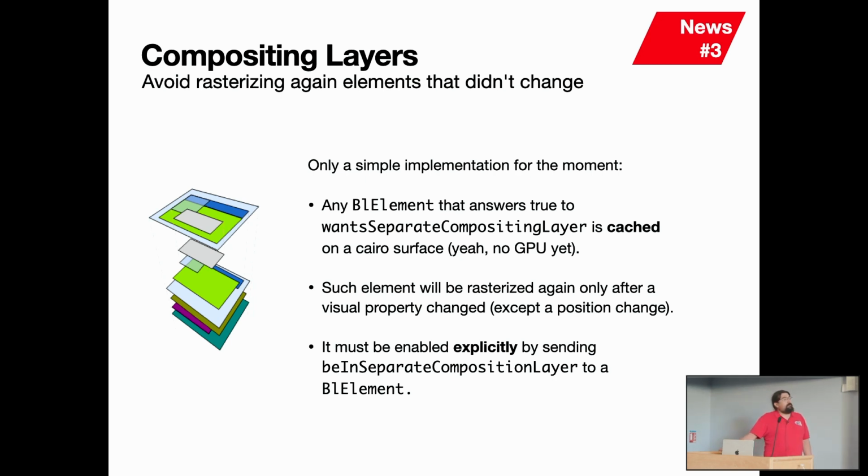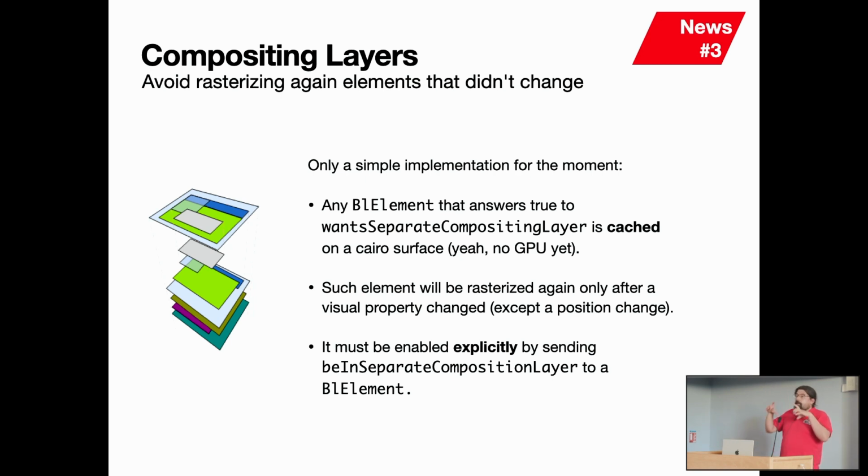From the API point of view, if you have a complex Bloc model, because in Bloc, as in many other visual frameworks, you have a tree of elements that are composed individually, you can say, okay, this element represents a window or a section of my program, or a section of my visualization, and you render it as a separate composition layer.